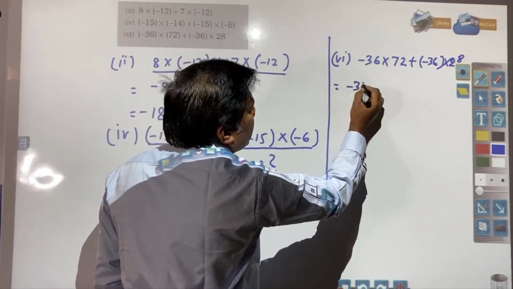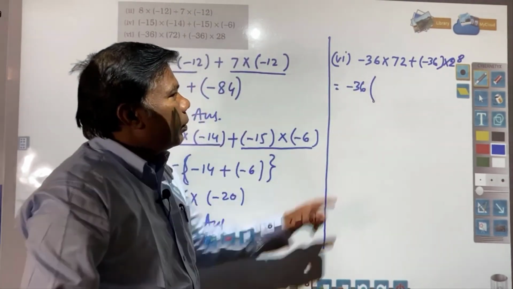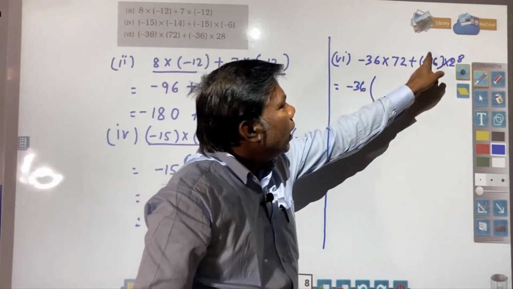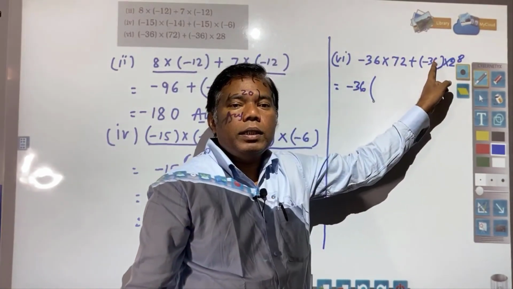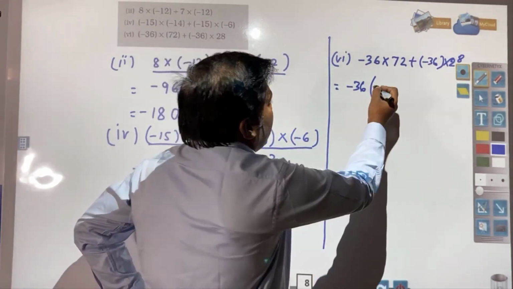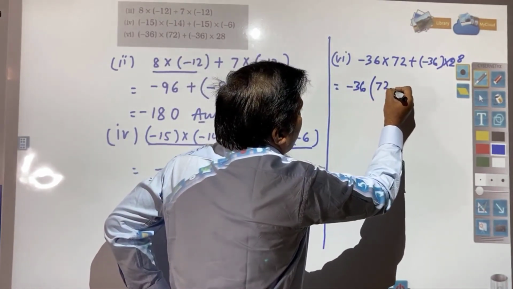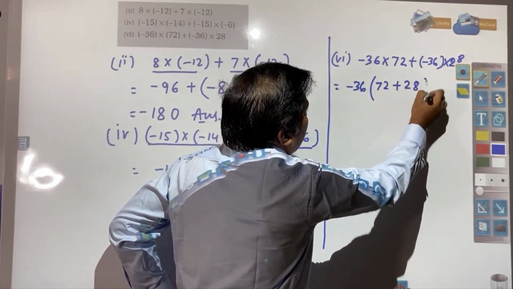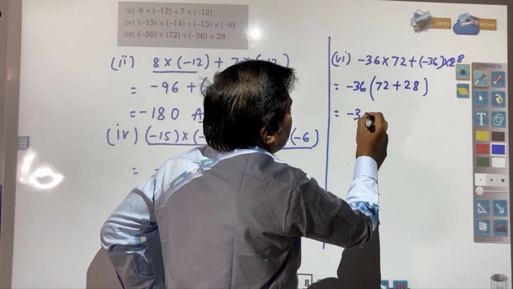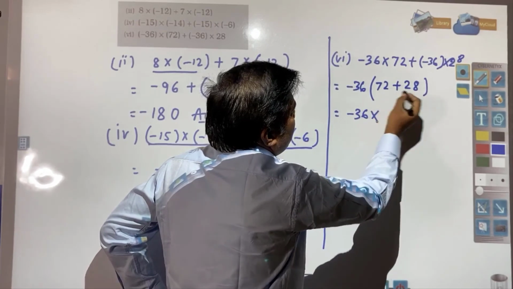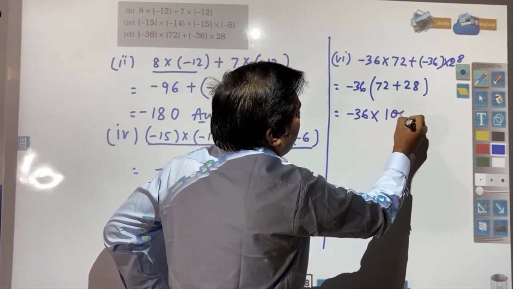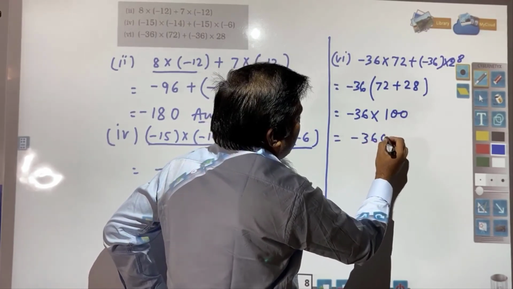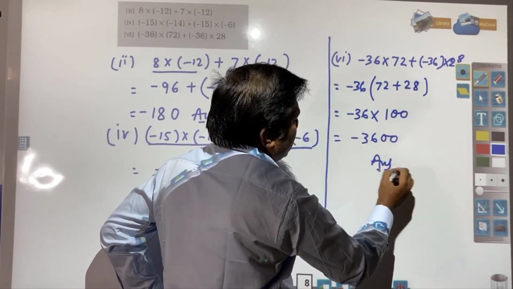Minus 36 can be taken out common because you have minus 36 in this term and minus 36 in this term also. Here what will remain? 72 and here plus 28. Now you see minus 36 into this, if you add up you get 100. So finally if you multiply you will get this, and this will be your answer.